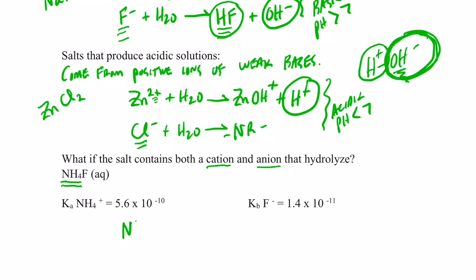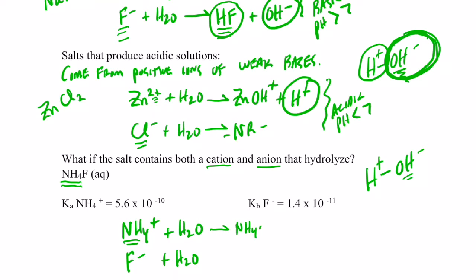All right, well, let's try it. NH4 pluses and F negatives. Let's see if these guys will react with water. Remember, think of water as H plus bonded to OH minus. So will NH4 plus be attracted to the OH negative part of water? Yeah, it will.